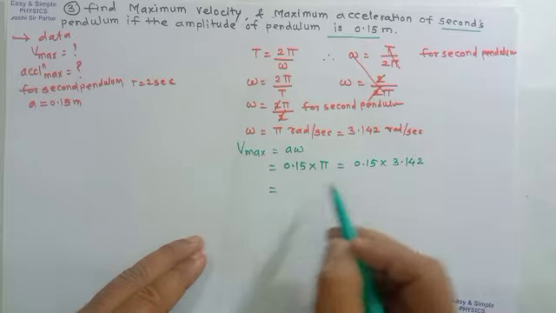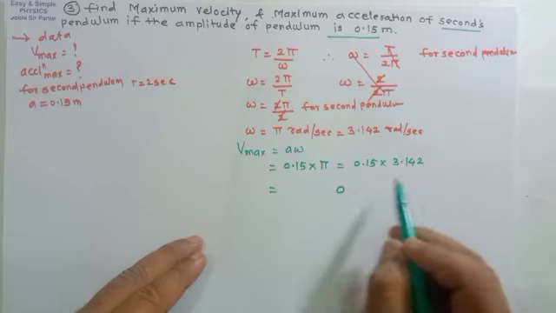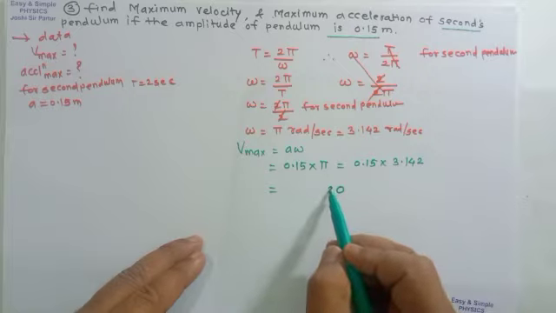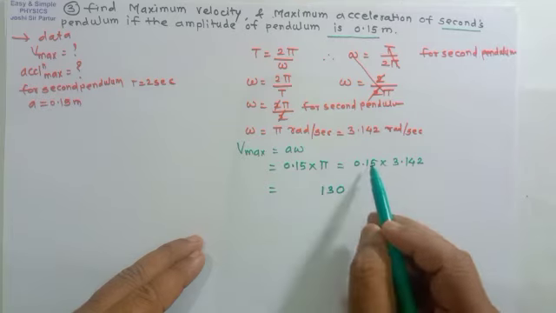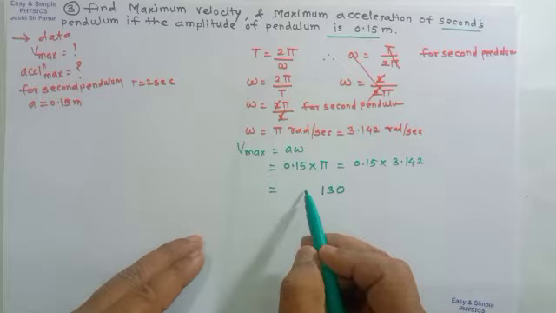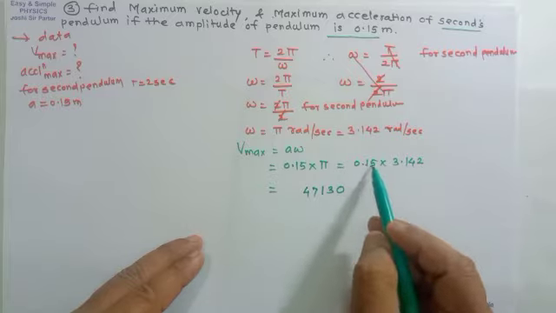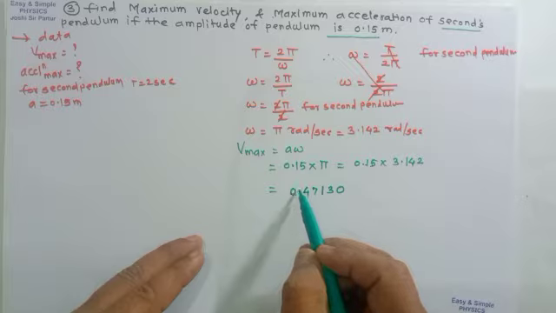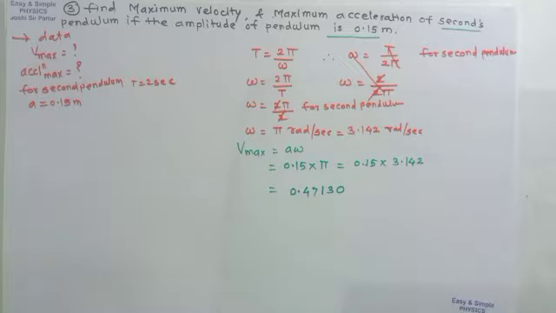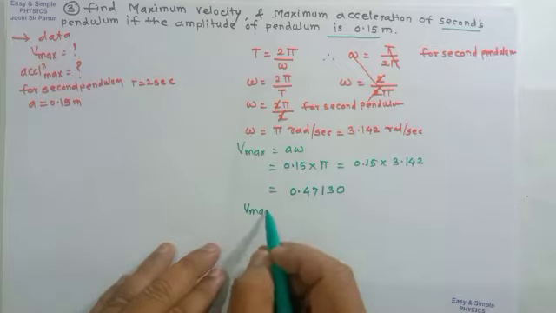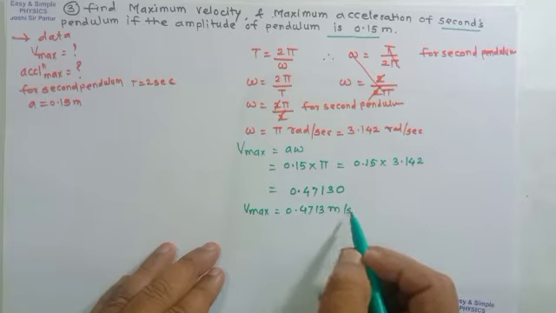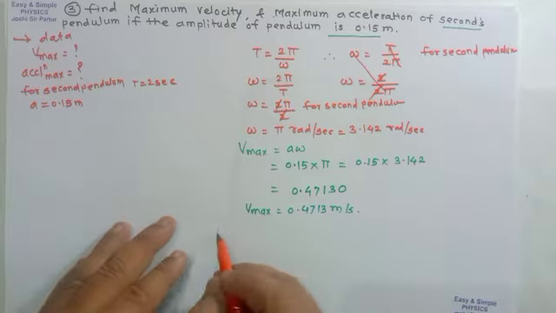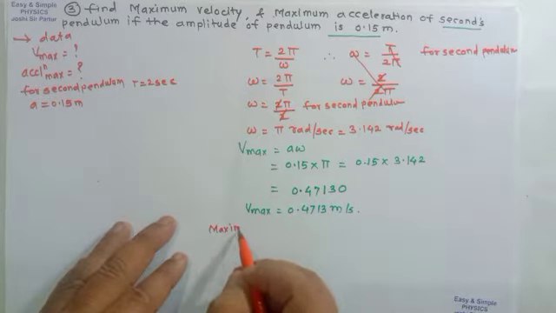Multiplying, it will be 0.47130. So maximum velocity will be 0.4713 meter per second.